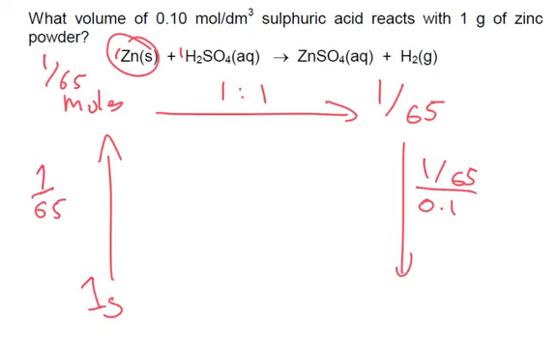And we get 0.153 decimeter cubed, and if I times that by 1,000 I get 153.8 centimeters cubed, and that is our final answer.